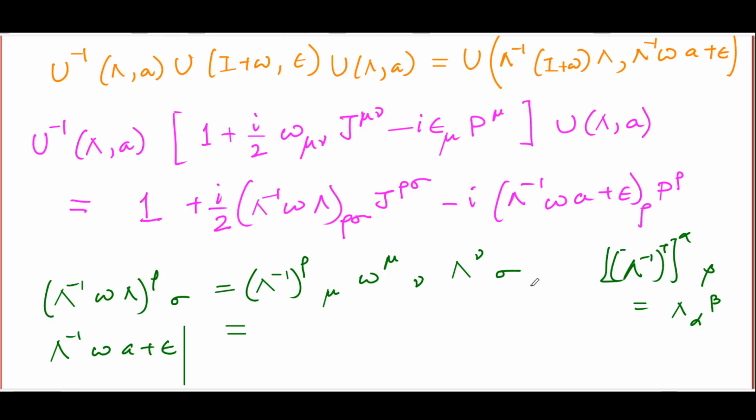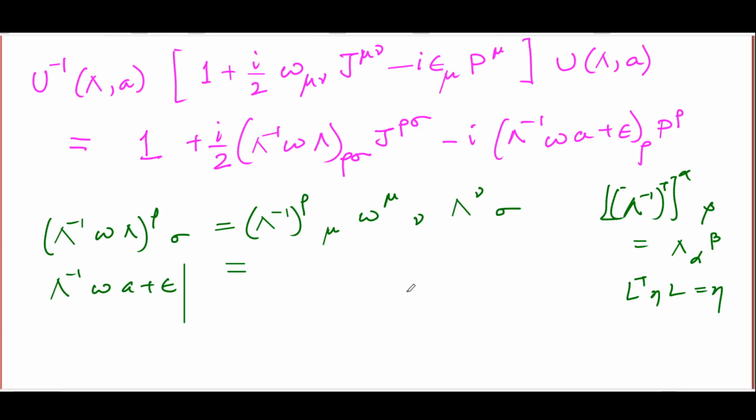The basic property L transpose eta L equal to eta ensures, and this is something we have shown in a previous lecture, that lambda inverse transpose, which is of course L inverse transpose, I'm just using L and lambda interchangeably here, elements of that can be obtained by lowering and raising elements from L by using the eta matrix.